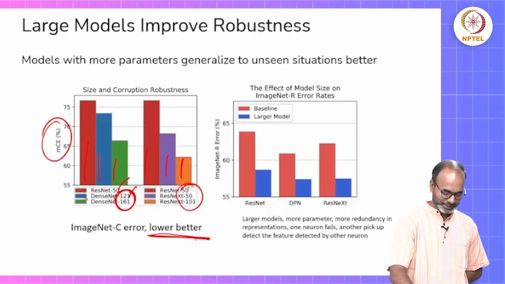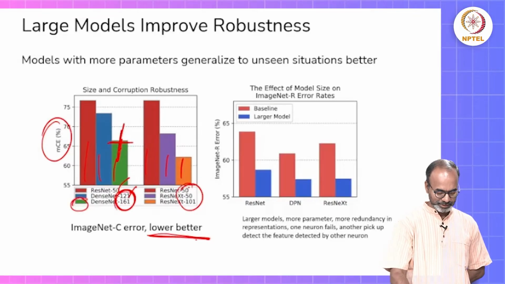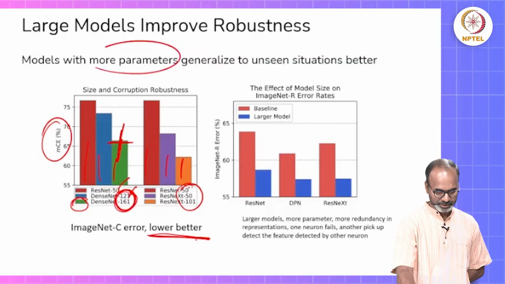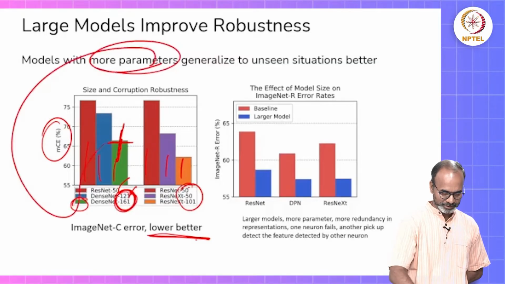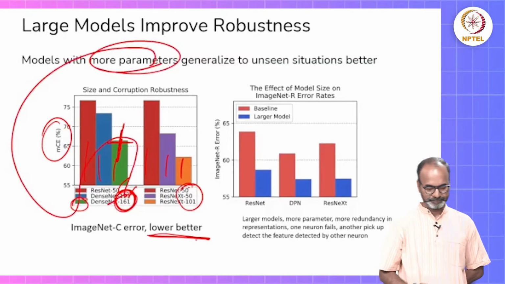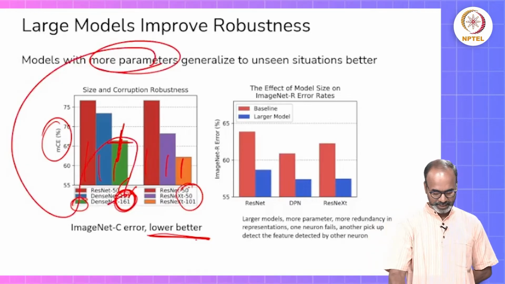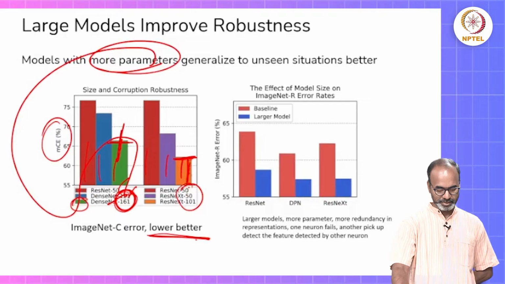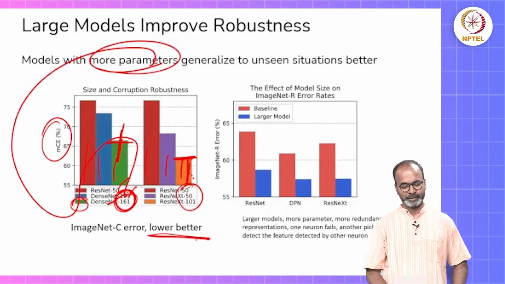So if you look at DenseNet here, which has the low error, it's a larger number of parameters, and that's what is mentioned here. More parameters, less errors. Similarly, in this case, ResNet 50, ResNeXt 50, ResNeXt 101, again, a large number of parameters, low amount of errors.